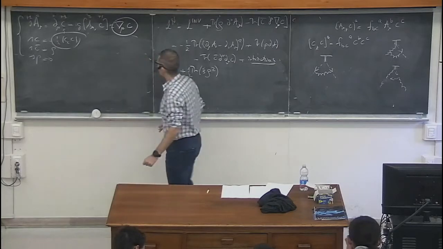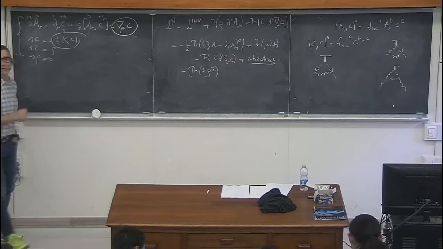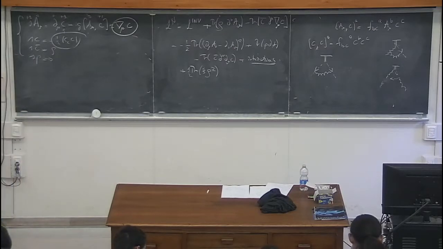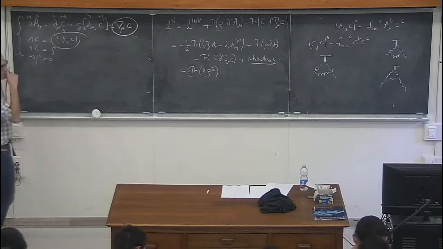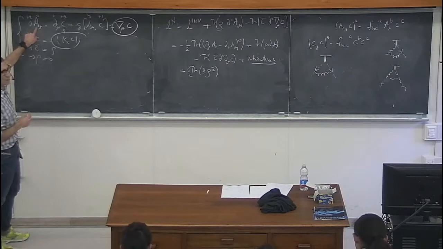In this way they introduce two sources. If you look at the original paper, the sources were written in a funny way. Nowadays, we call these sources antifields. The source for this transformation is called the antifield A star.